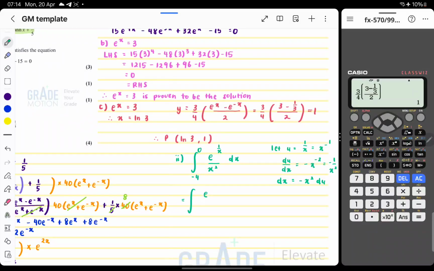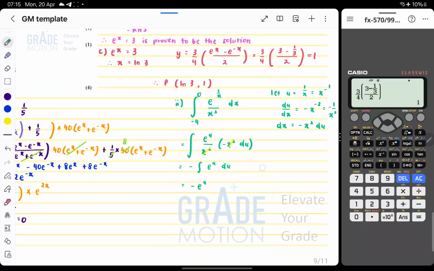Now we will get e^u over x squared, times negative x squared du. We can cancel this, but we still have the negative. Be cautious of that. So we have negative e^u du.